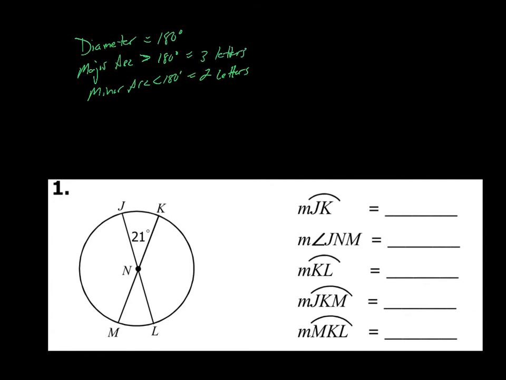So, for instance, if I look over here, I know that this is less than 180 degrees because it's a minor arc. It only has 2 letters. This has to be an angle right here. This is a minor arc, so this is going to be less than 180 degrees. This has to be greater than or equal to 180 because it's 3 letters.